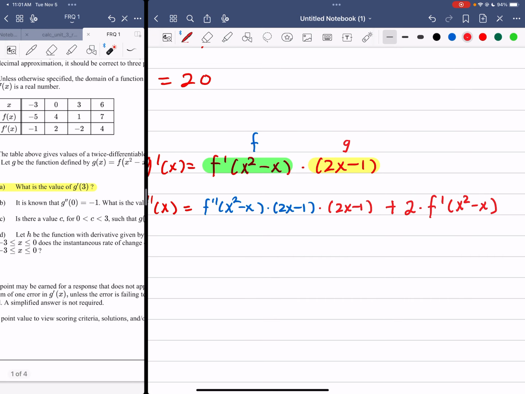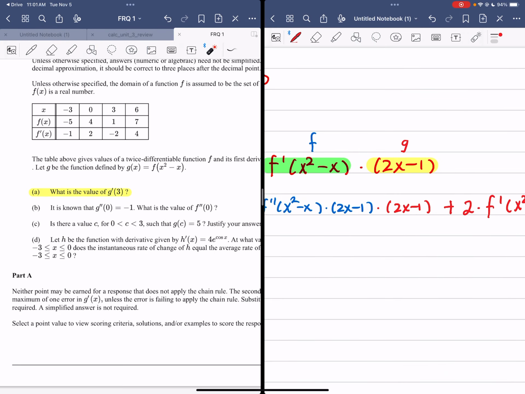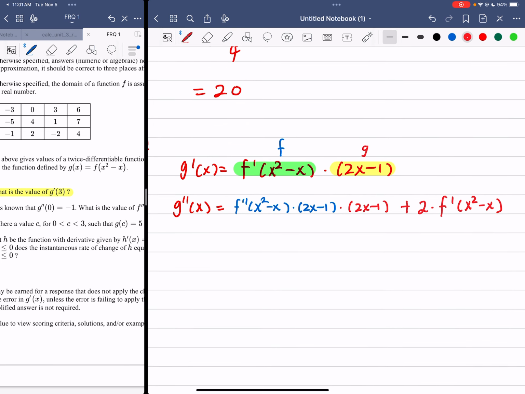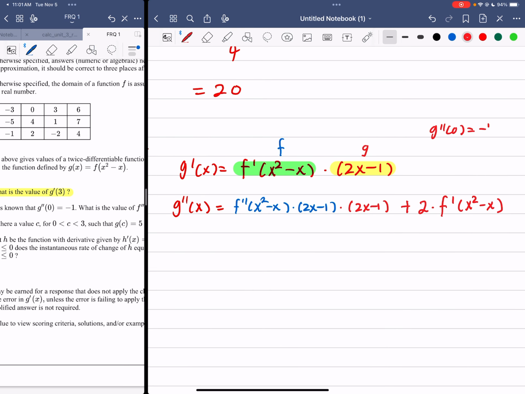So what I have to do is, according to this question, g double prime of 0 is equal to negative 1. So instead of g double prime, I'm gonna put negative 1. And for x, I'm going to put 0. So I'm going to put negative 1 equals, instead of x, I'm going to put 0.